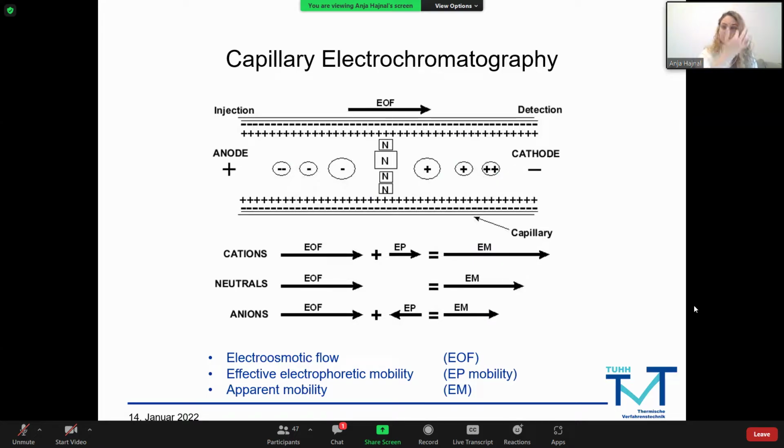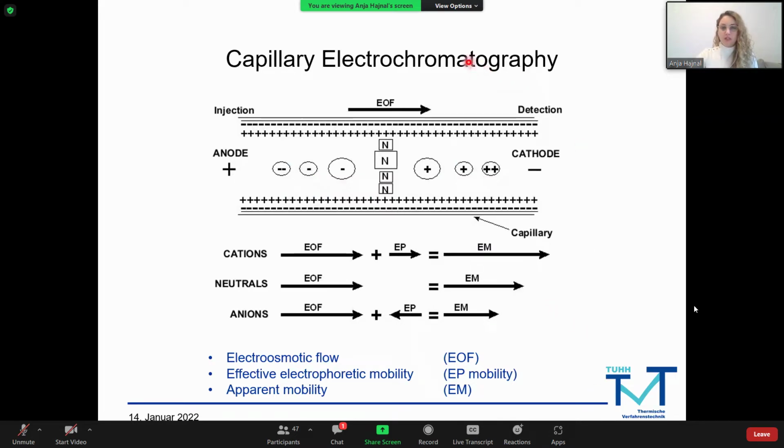Now in capillary chromatography, we have movement of ions under the electrostatic force, and we also have the movement of the bulk fluid together, which is caused by the movement of those ions. So we distinguish the electroosmotic flow, which is, as I said, the flow of the whole bulk fluid due to the motion of ions.